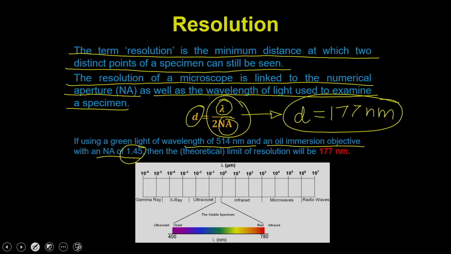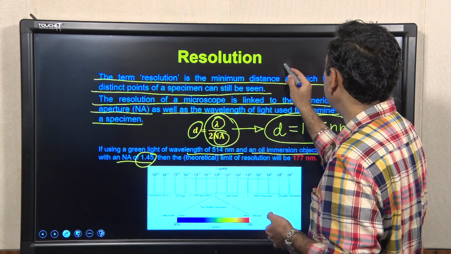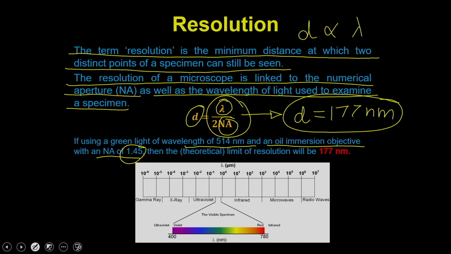There are two options by which you can increase or decrease this number. As you can see, d is directly proportional to lambda, which means if you decrease the lambda, you decrease the distance, and remember that a decrease in distance means an increase in resolution.